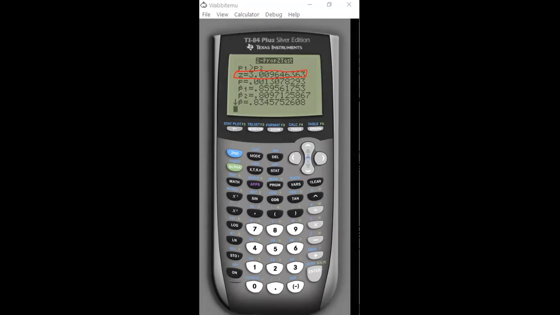This p, right directly under it, is my p-value. So my p-value is 0.0013. All right, so this is my p-value, 0.0013.